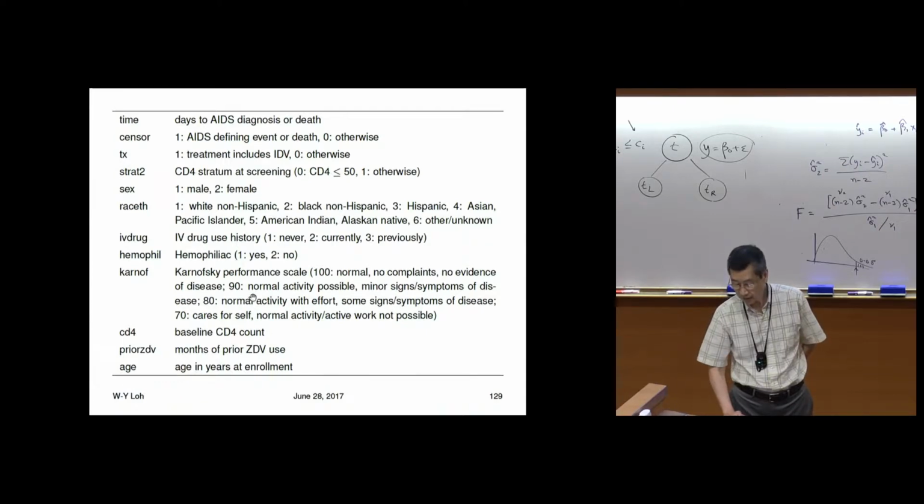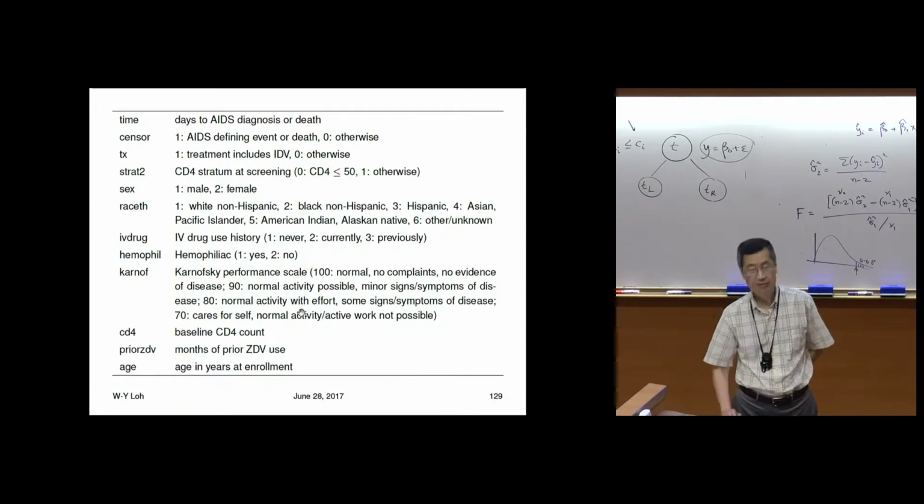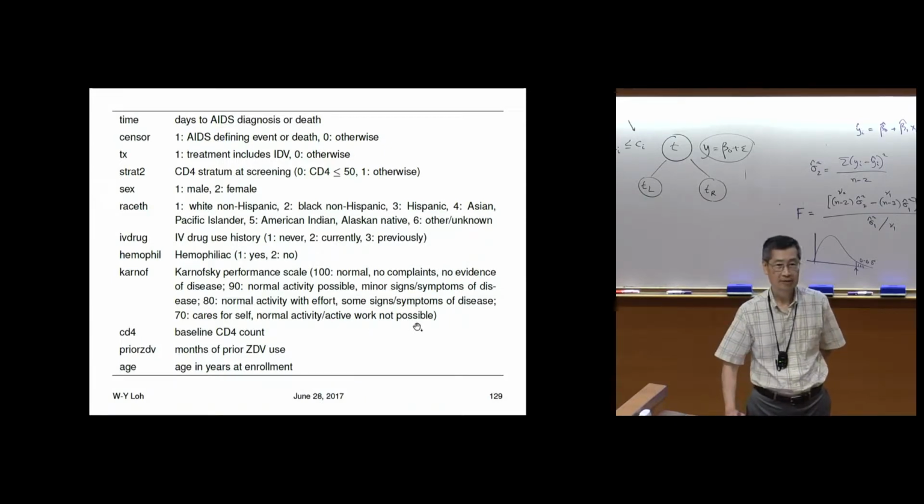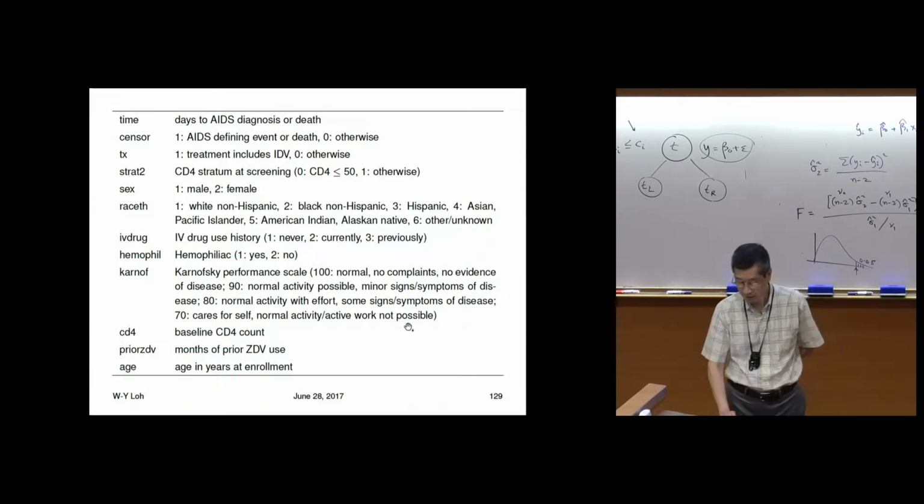You will have a score of 90 if normal activity is possible, but there are minor signs or symptoms of disease. 80 if you're normal with some effort, some signs or symptoms of disease. So maybe somebody has to help you walk up the stairs. 70 is you can still care for yourself, but work is not possible. 0 means you're dead. Okay, so there's a standard thing called the Karnofsky scale.